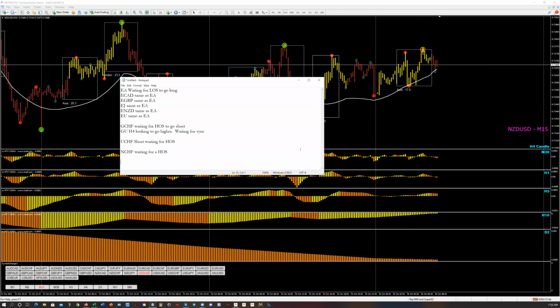Which 2 would you like to pick as a group? The big mover. Euro Aussie, for example. Euro Aussie, okay. Euro Yen. Okay, so those 2. And we're only going to look for 2 pairs.